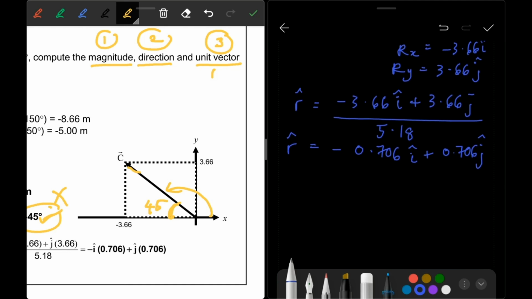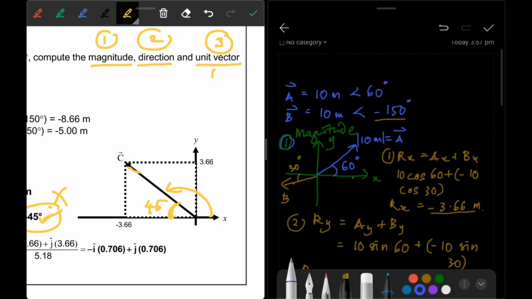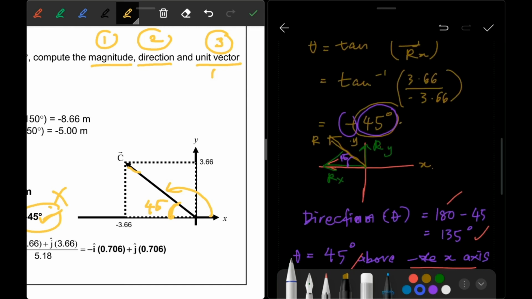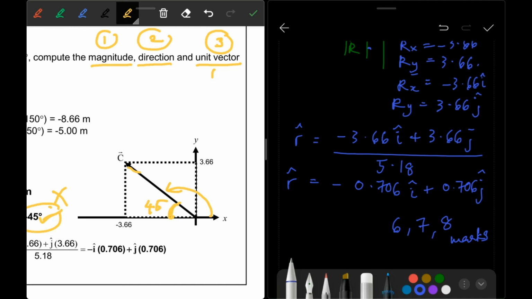The mark is either 6, 7, or 8 marks for this question. It's quite a long solution, but if you do lots of practice on this question, you can remember the steps you are going to do if you are asked to find the magnitude, direction, and the unit vector.